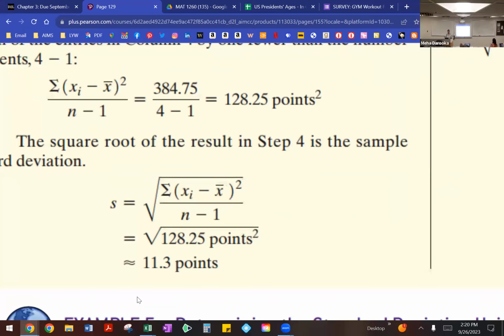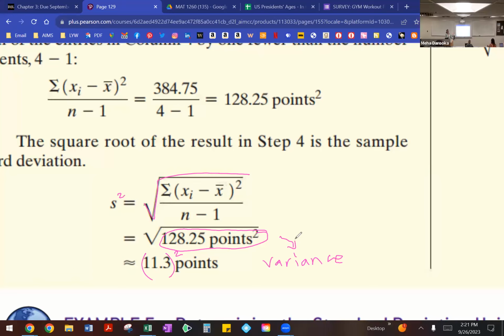If you just remove that square root symbol, the calculation you have inside is what we call the variance. Sometimes they describe the variance as S squared. So if you take the standard deviation and square it, it gives you the variance. Technically, that number you have on the inside, the 128.25, is the variance calculation, and when you take a square root of it, it gives you the standard deviation.